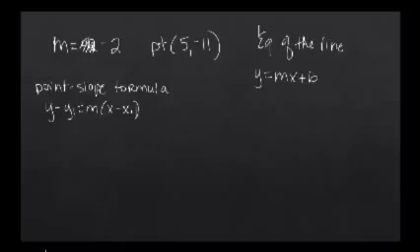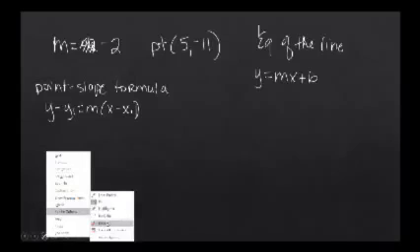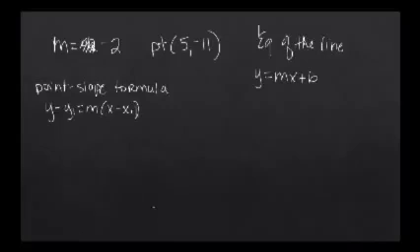Just to be clear, let me change my pen color and make sure you guys know what is what. So x1 and y1 is going to come from your point. This will be x1, this will be y1. And then your m is going to come from the slope. So let's get started.